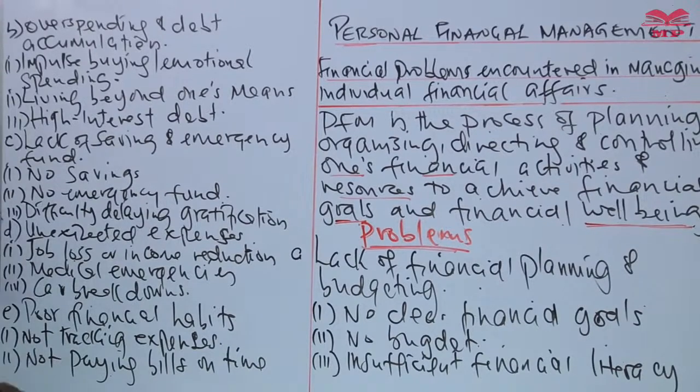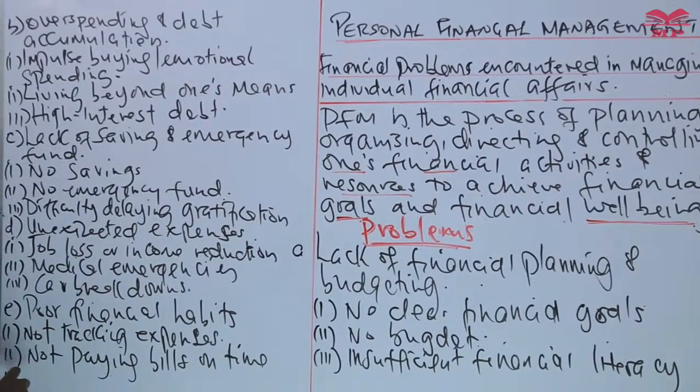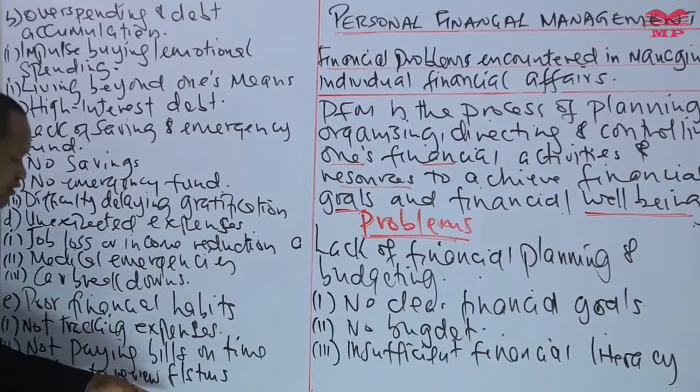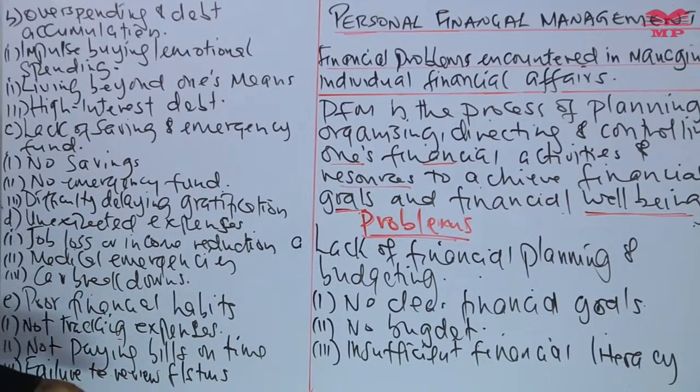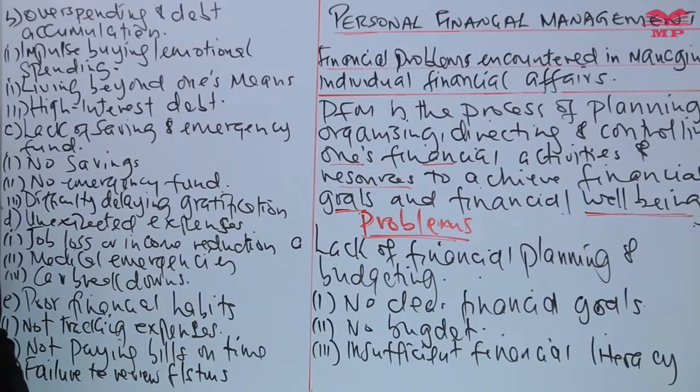Failure to review financial statements, or individuals do not have such statements, so reviewing becomes impossible, preventing identifying potential problems early.